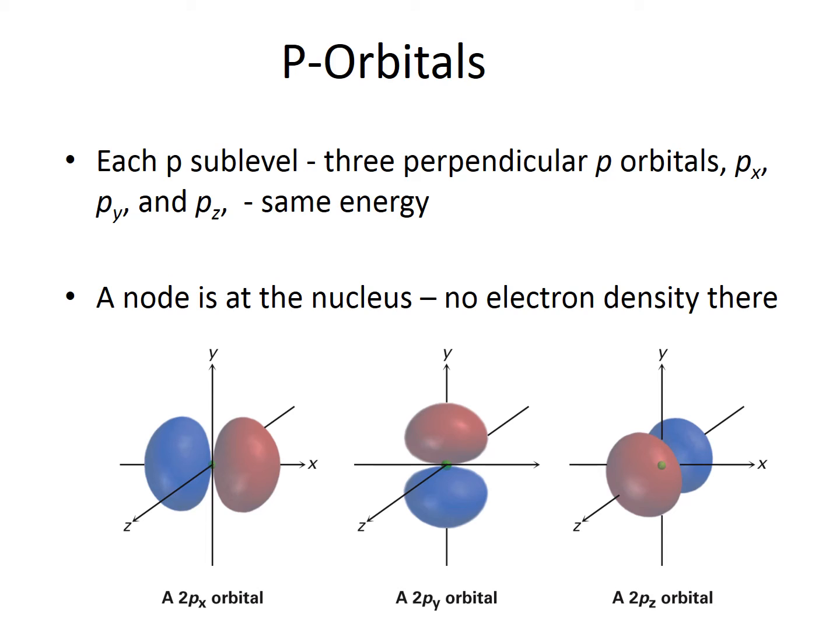And notice there's this planar node that is at the nucleus. So right here's the nucleus, and there's a plane passing through it where the electron never is. This side is detached from this side, and the electron is actually found over on this side and over on this side at the same time. So this is a wave function.